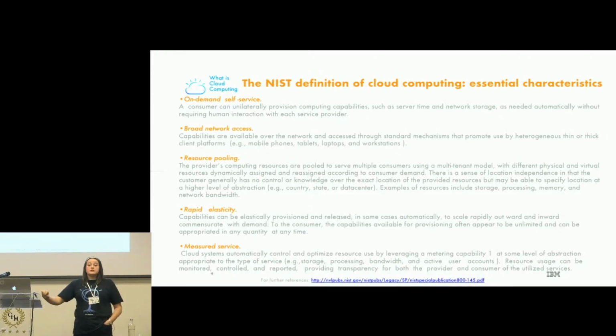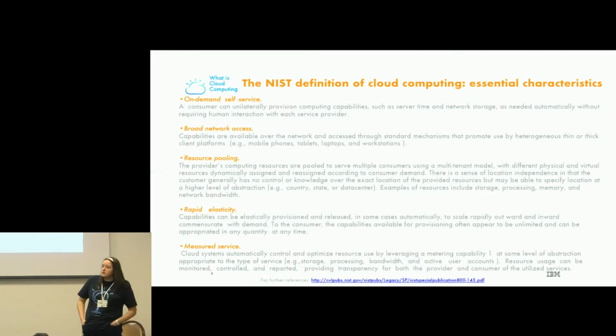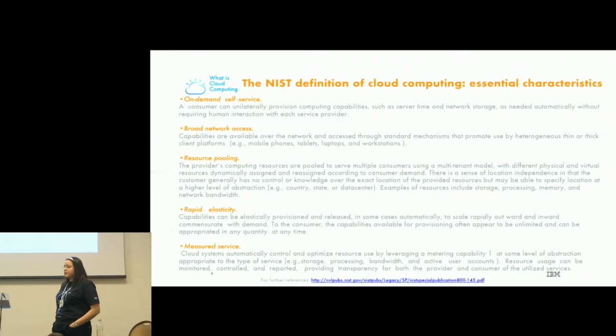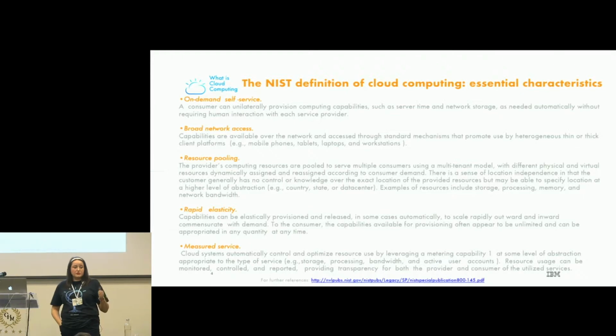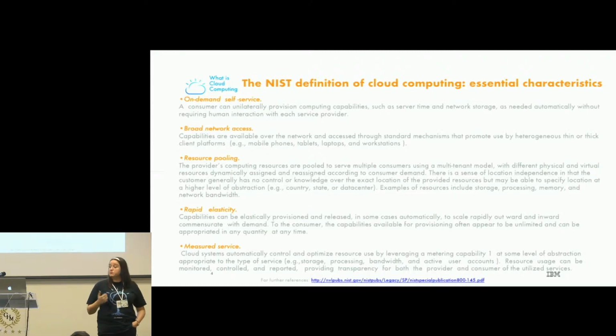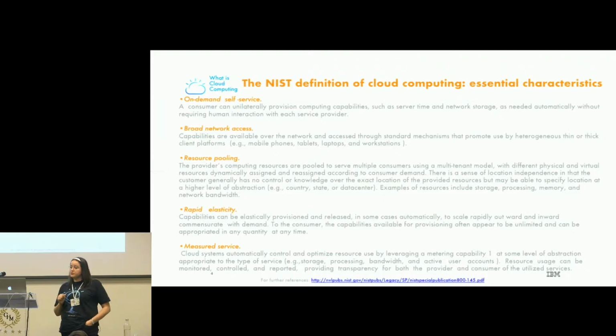Rapid elasticity. And that's one of the key things that people like the cloud most. You don't do any fixed investment up front. I need power, I will scale it up in the cloud. I need less power, I will shrink it. Typically, it's automatically ruled by policies. There will be auto-scaling services, for example, that you can attach to your application, or you can have your own manual policies.